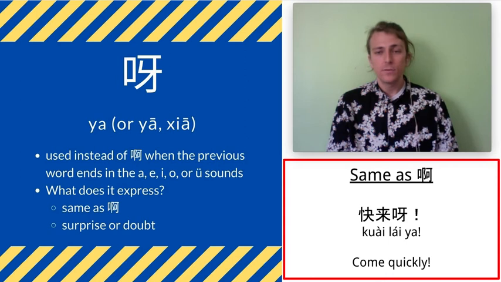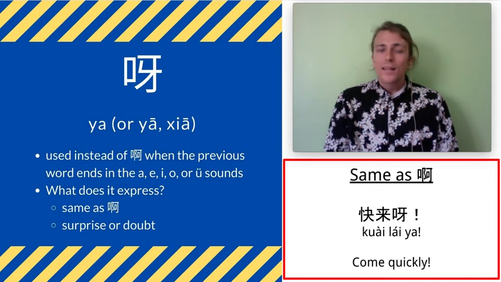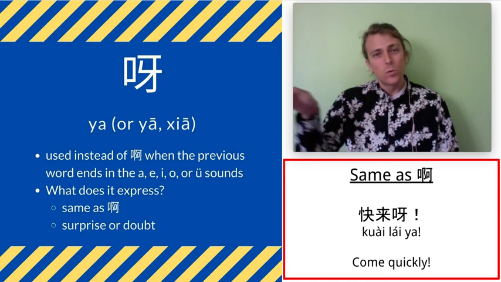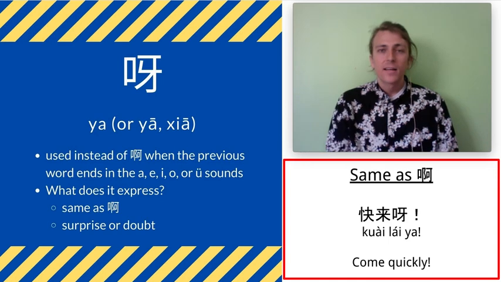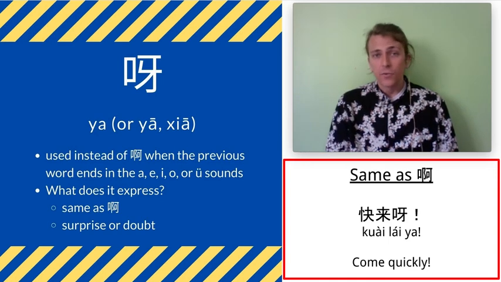So, for example, below here we have 快来呀,快来呀. So we don't say 快来啊, we say 快来呀 because it just flows a bit better. It has that harmony of sound that we really like in Chinese, in Mandarin.